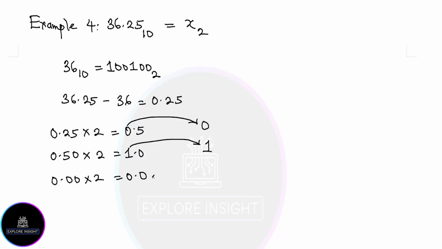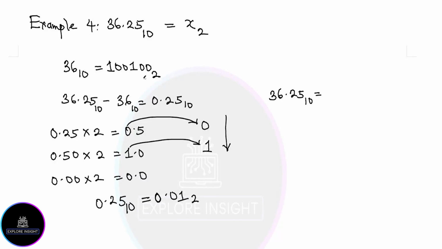Now, in our examples 1, 2, and 3, you notice that our arrow moves upward. But when it comes to decimal places, the arrow will move downward. So please take note of that. That's to show that 0.25 in base 10 will be 0.01 base 2. So remember, the given question was 36.25 in base 10. What will be the value of x?